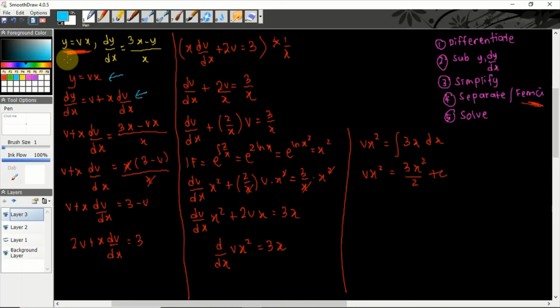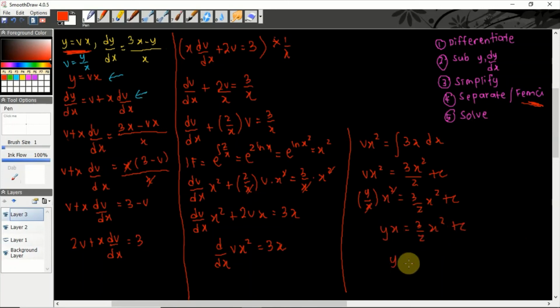Our v is supposed to be y over x, so we sub v with y over x. So (y over x) times x squared equals 3 over 2 x squared plus c. So this cancels, leaving yx equals 3 over 2 x squared plus c.